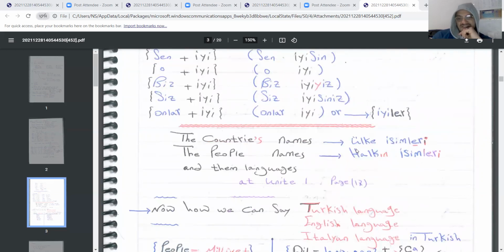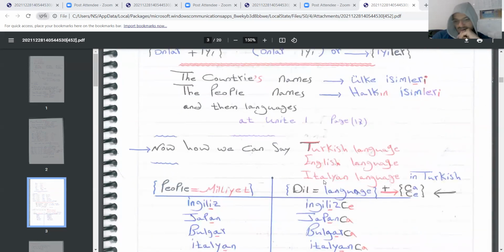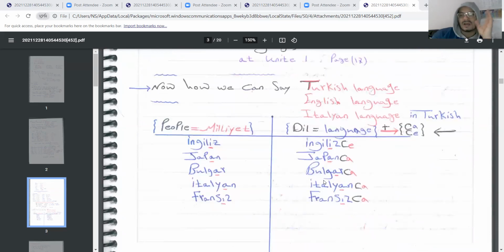The countries' names, ülke isimleri, we will introduce how we can say that in Turkish language, the people's names, halkın isimleri, and their languages. How can we say Turkish language, English language, Japanese language, Italian language? At first, we will depend on the millet. Millet means people, people's name.